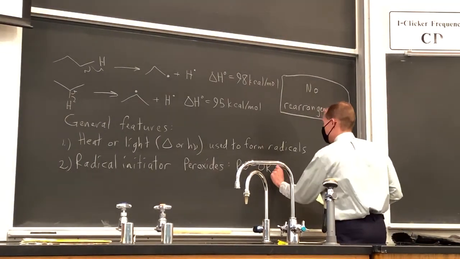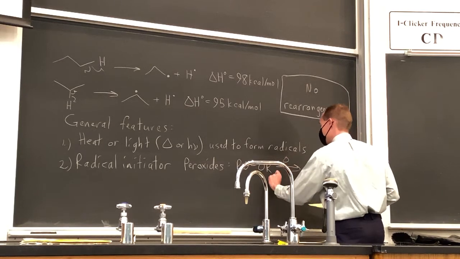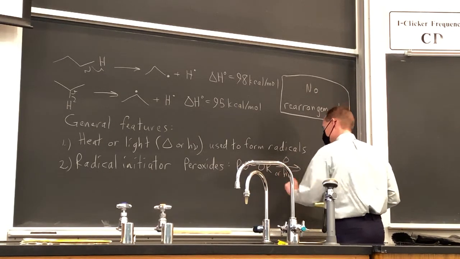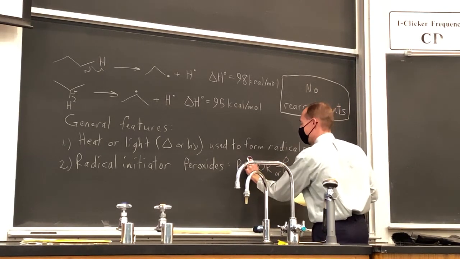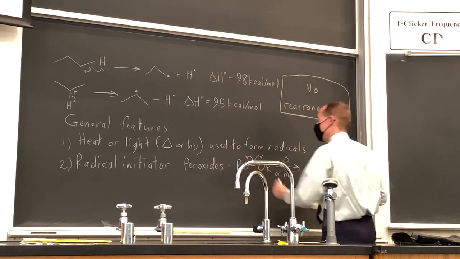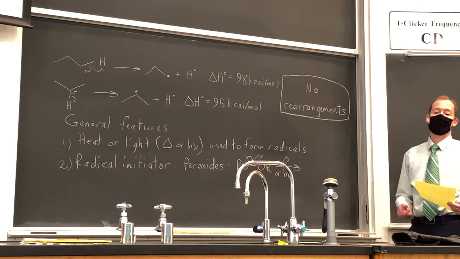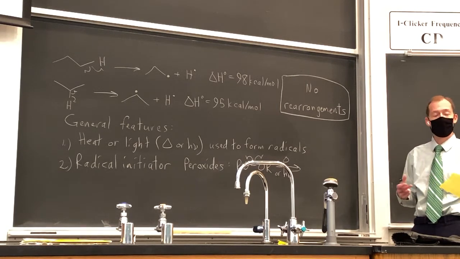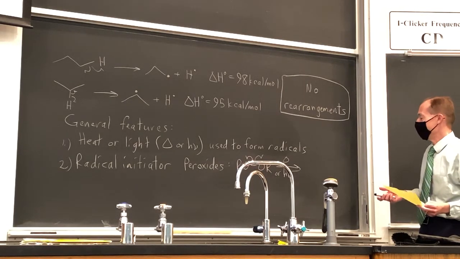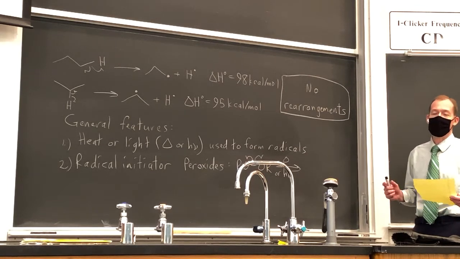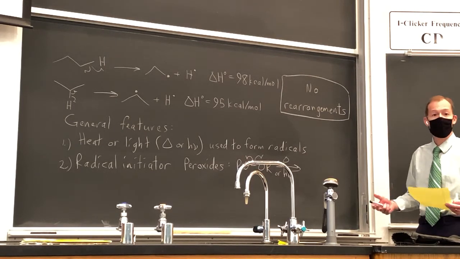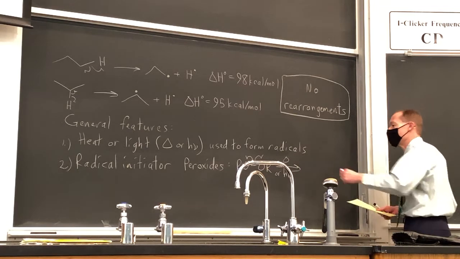And if you apply heat or light to a peroxide, you're going to have a homolytic cleavage of that weak oxygen-oxygen bond. We told you that any molecule with an oxygen-oxygen bond, that bond is very weak, and that bond will almost always be cleaved in reactions involving that species.